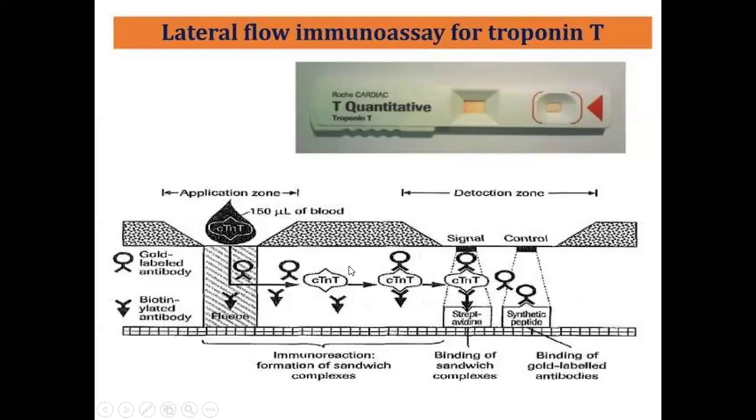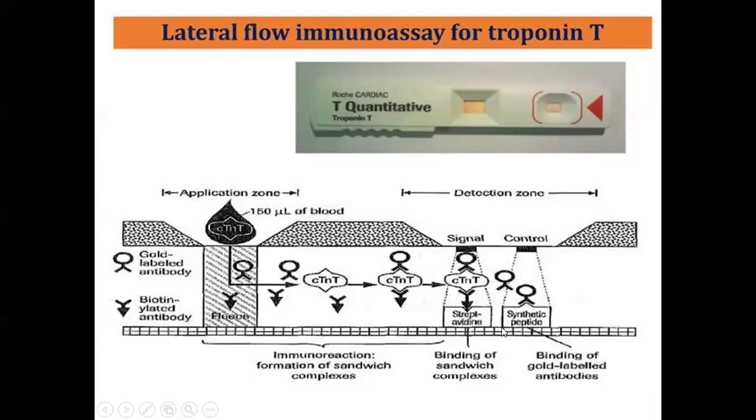As I told you, this is a sandwich technique. Sandwich technique means the antibody is designed against the molecule, and secondary antibodies will also be there, and the secondary antibodies will be attached to certain color reactions, right? So this is the molecule being placed in the blood, that is TNT, and the secondary antibodies will come and bind to it.